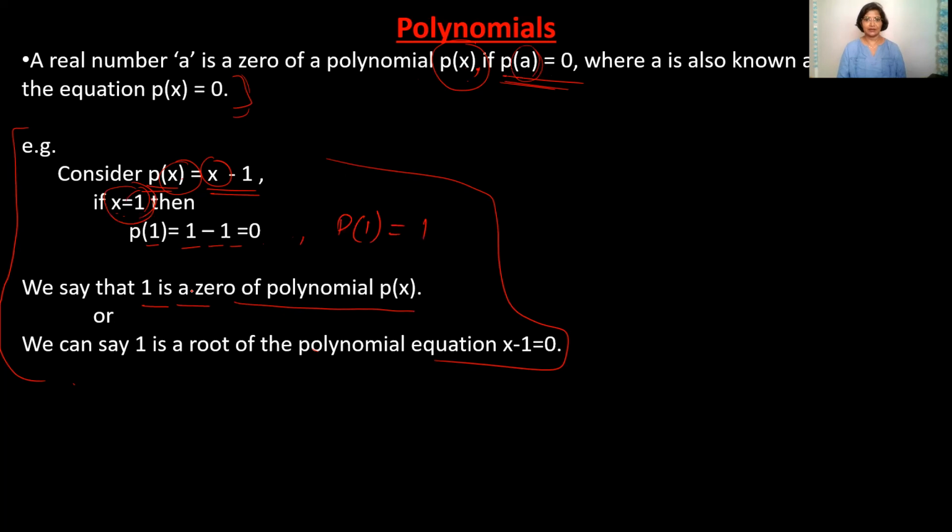Then that a, or value of a, is a zero of polynomial p(x). Clear? Or you can say it is also known as a root of the equation p(x) equals 0. So we can say 1 is a root of the polynomial equation x minus 1 equals 0. In two forms you can write this, right?